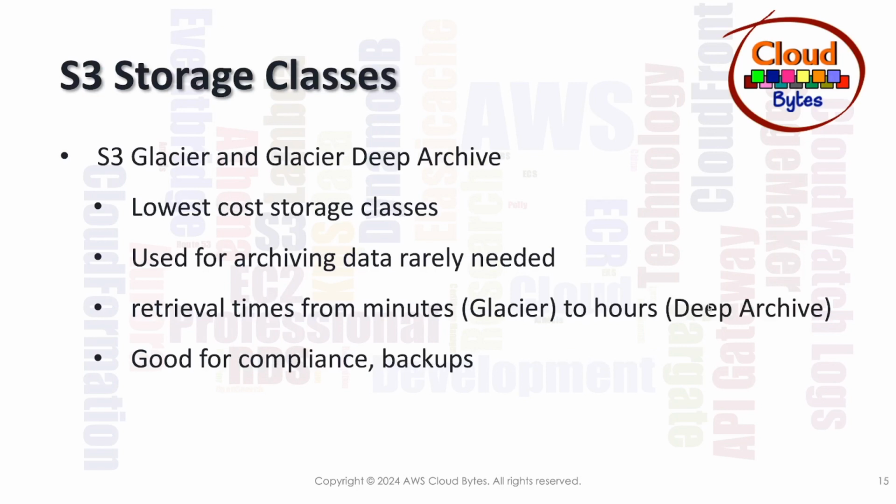The next storage class is S3 Glacier and Glacier Deep Archive. Glacier itself has at least 3 different storage classes. We are not going to cover a lot about Glacier, but if you want to archive data at the lowest cost with the trade-off of longer retrievals.